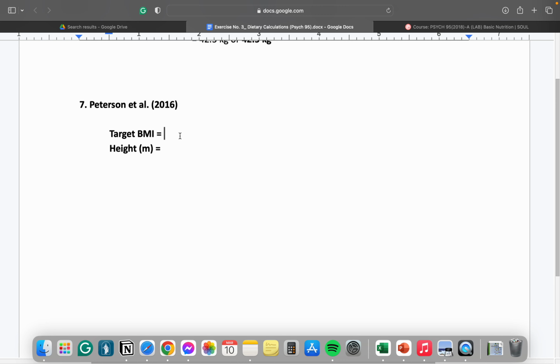All right, so say for example, target BMI is 21 kilogram per meter squared. Actually, a BMI of 21 is deemed healthy, although it's not that recommended, but it's deemed healthy and it's common for most. Okay, height in meters. Let's still use the same profile, so 1.47 meters.